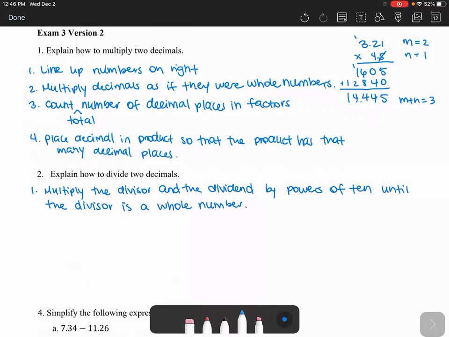So we're going to multiply the divisor and the dividend by equivalent powers of 10 until the divisor is a whole number. Then we use long division.